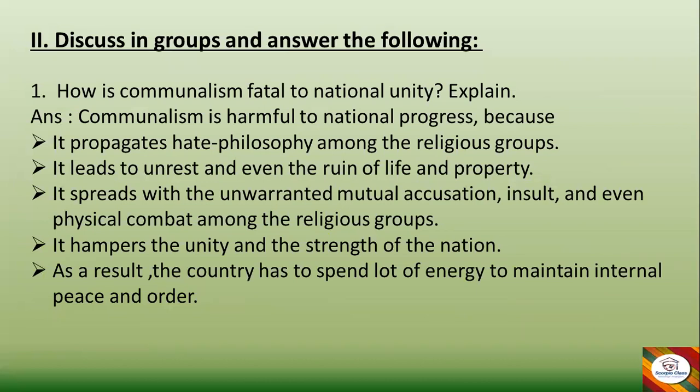It spreads with the unwarranted mutual accusation, insult, and even physical combat among the religious groups. It hampers the unity and the strength of the nation. As a result, the country has to spend a lot of energy to maintain internal peace and order. Answers are given in the form of points so that it's easy for you all to remember.